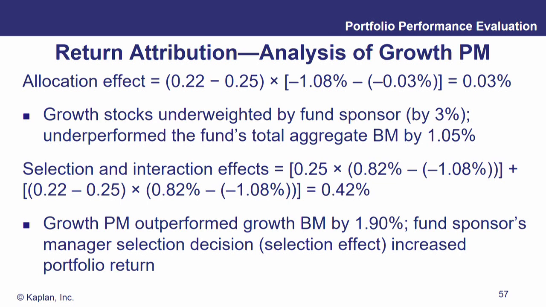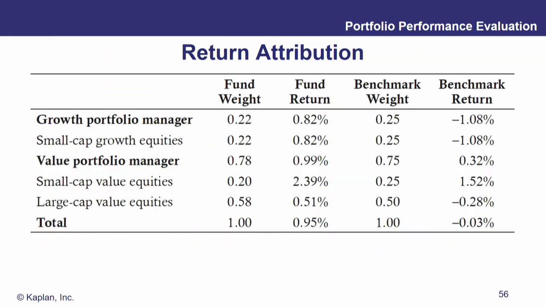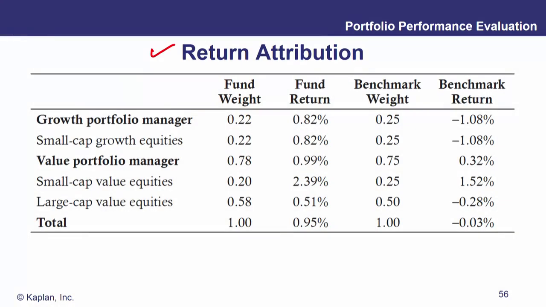This is another slide that I would recommend that you print out and have available. But anytime you see a slide, I want you to take a little bit of time and review it. So again, what are we focused on here? Growth portfolio managers and value portfolio managers.